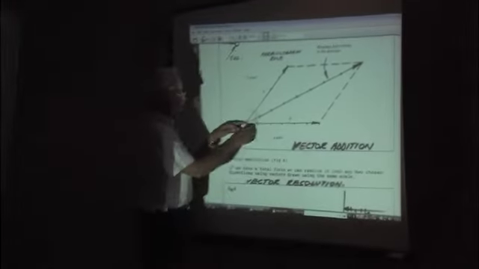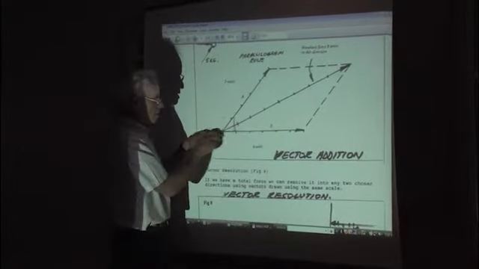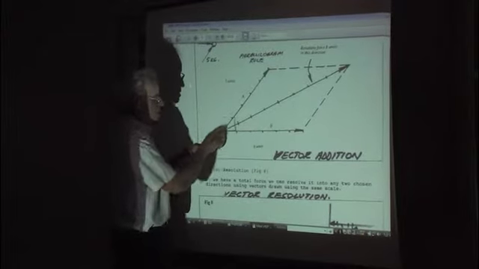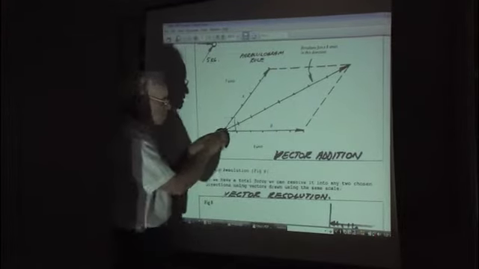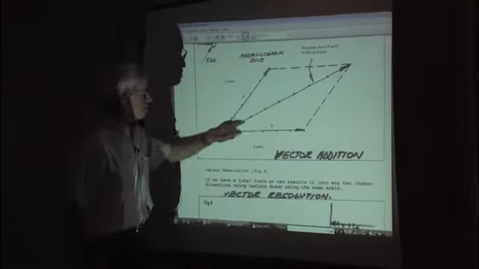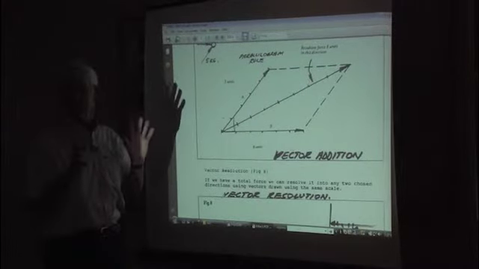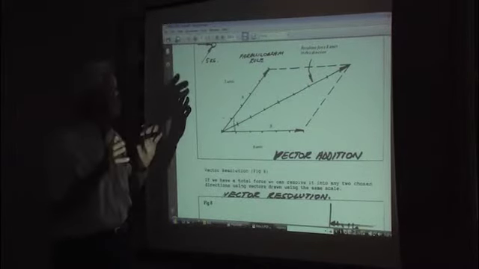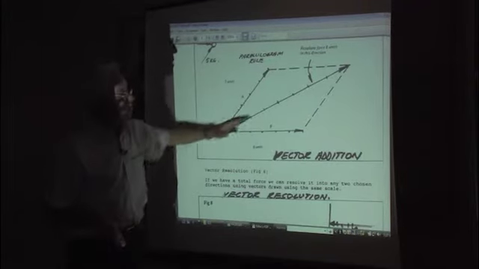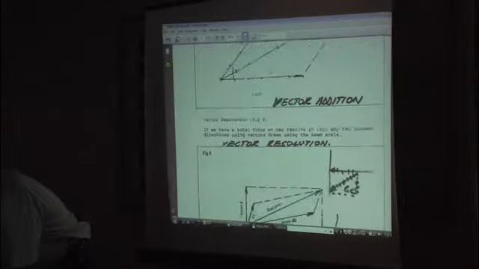If you were pushing on a wheeled trolley, and somebody was pushing with that force in that direction, and somebody else pushing with this force in this direction, the trolley would go in this direction, with a force of whatever that measures there. So it's a method of adding forces together and coming up with a total force. You'll see why it's important in a second.